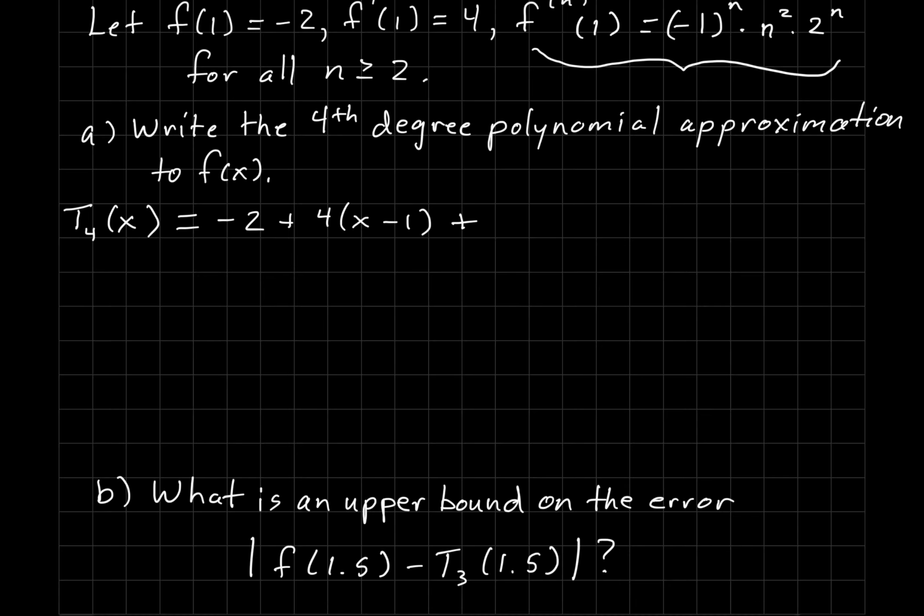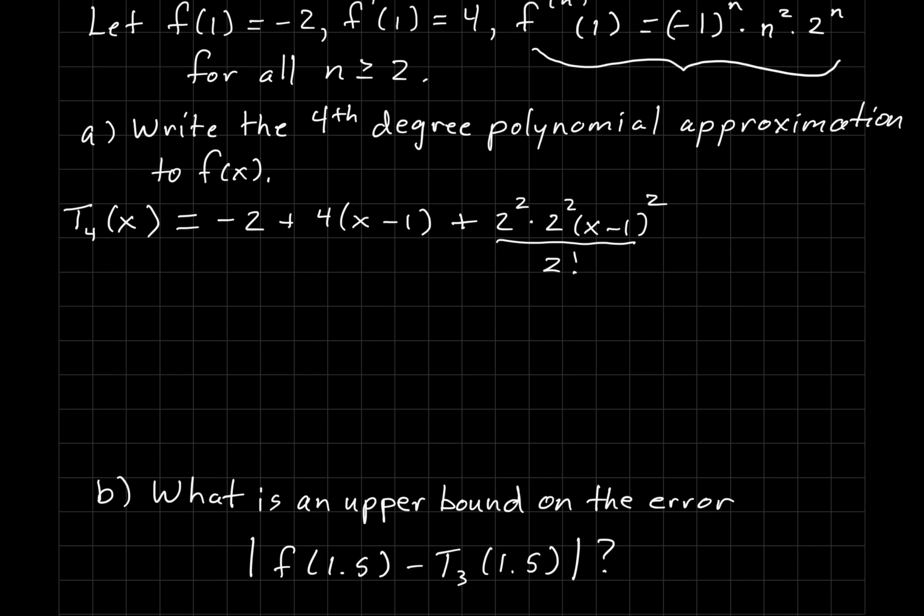Don't worry about these consecutive terms both being positive, because all the rest of the terms will alternate based on the -1 to the n. So I have -1 squared, which is positive, and then n squared, or 2 squared, times 2 to the n times x minus 1 squared, and don't forget to divide by 2 factorial.